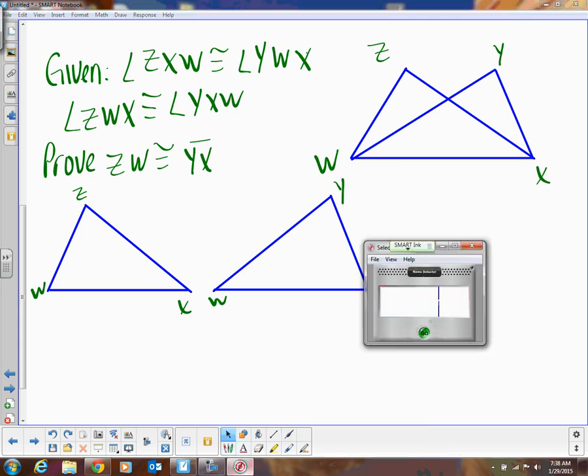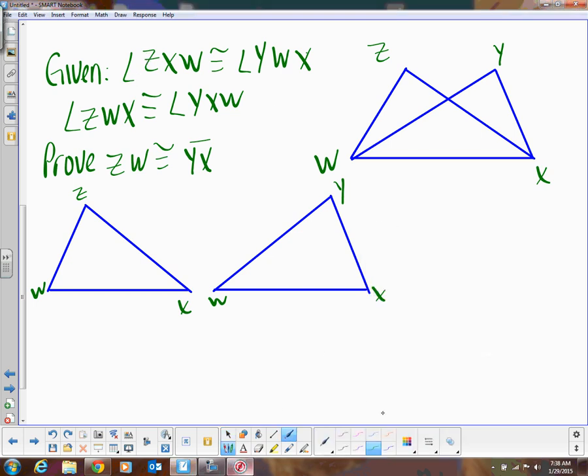So where is, McKenna, angle ZXW? It's on the left triangle, top, left, or right? It's that ZXW. Z. Do I go down this way or down this way?